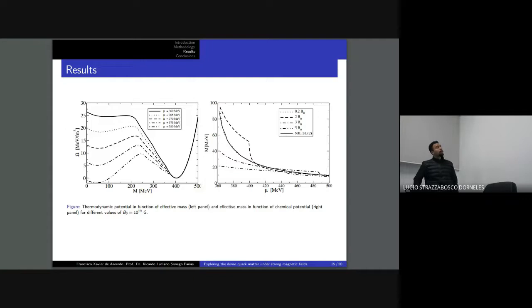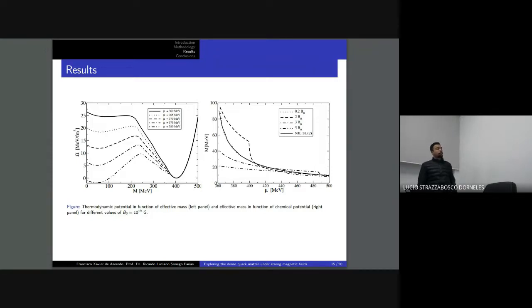So for my results, on the left side, we have the thermodynamic potential as a function of effective mass for different values of chemical potential. And we have a global minimum at 400 for the value of mass. When we increase the chemical potential, the global minimum goes to between 0 and 100 for the value of mass.